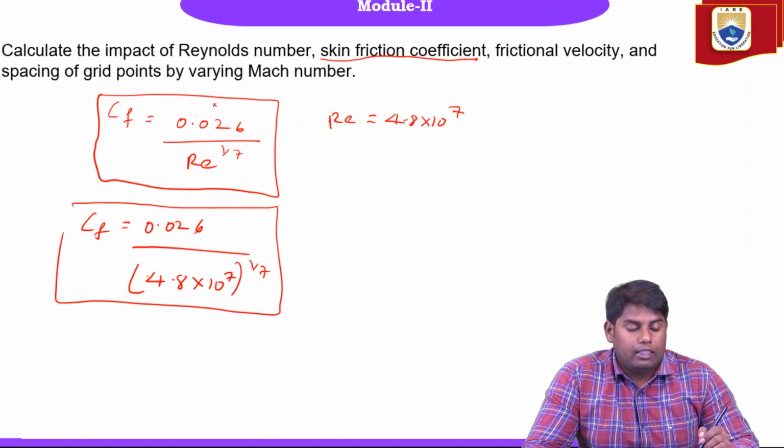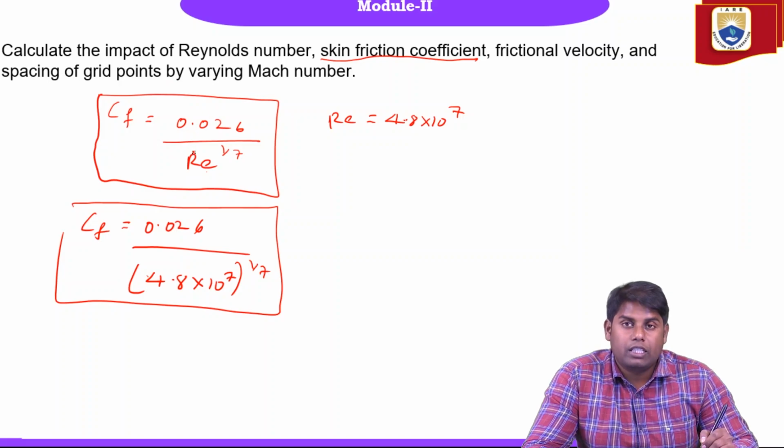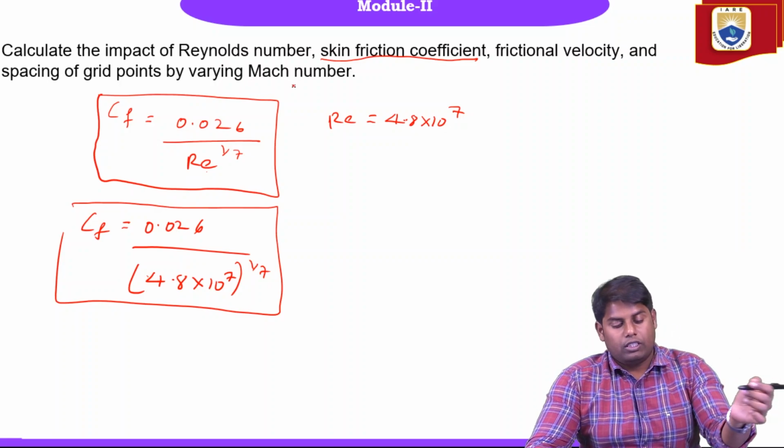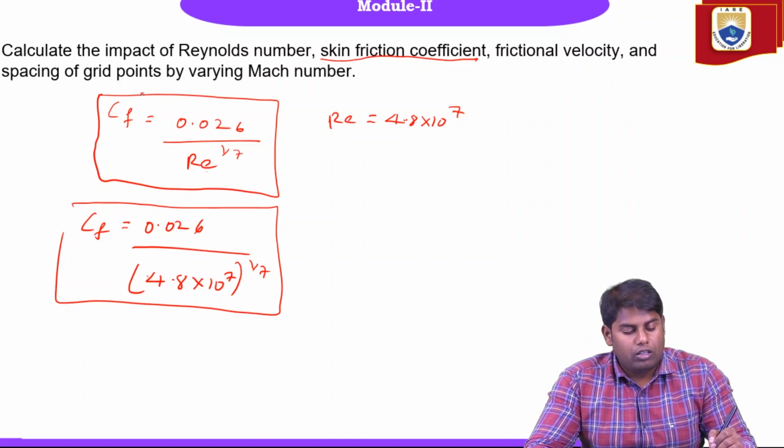The other thing is, when we decrease the Reynolds number, since it is in the denominator, this is going to increase. So this is the impact on the skin friction coefficient, based on the Reynolds number, by varying the Mach number.